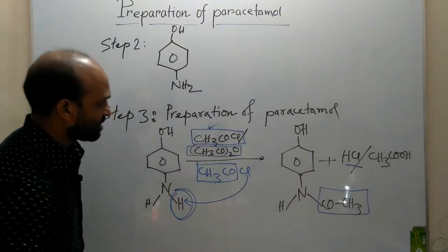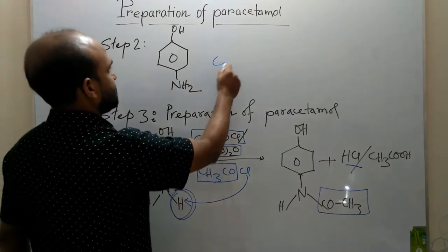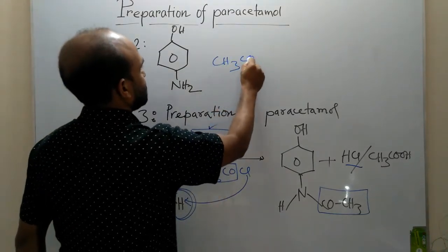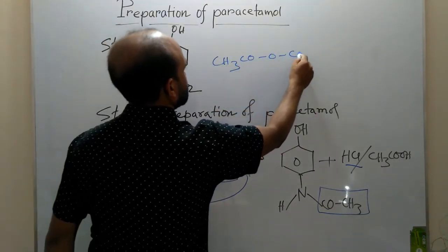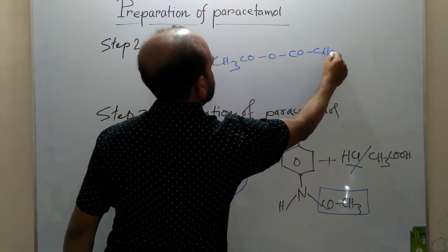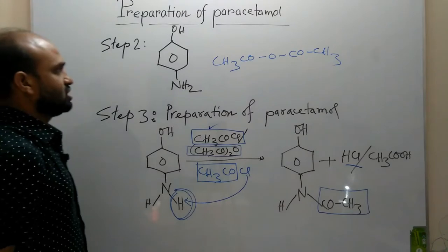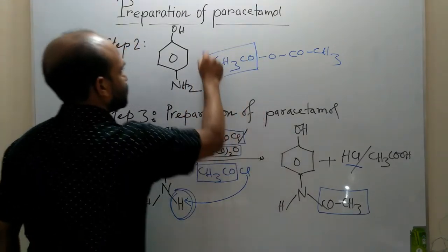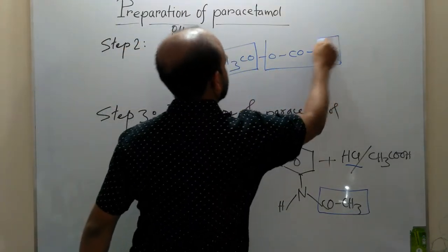If it is acetic anhydride, which is CH3CO and again CH3CO, here this is one portion and this is another portion.